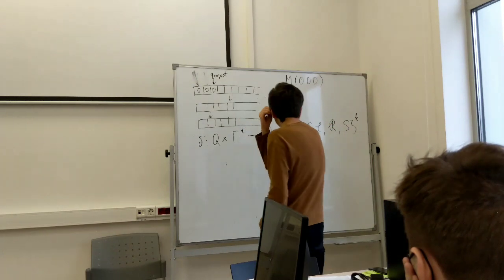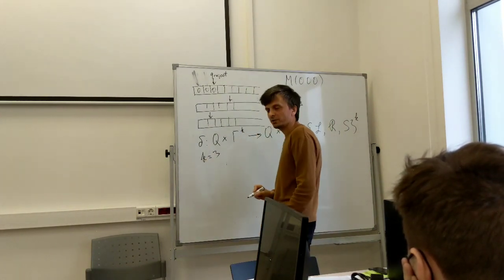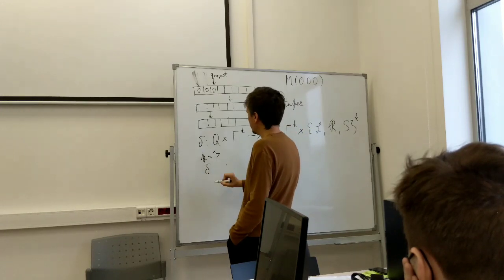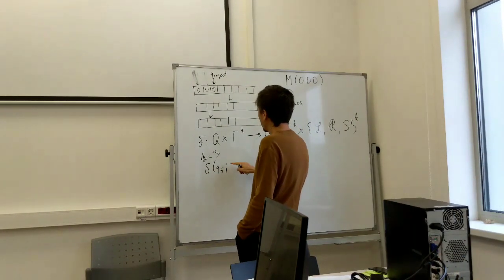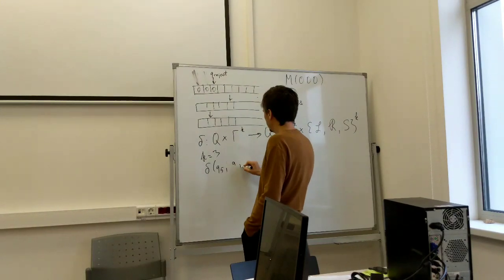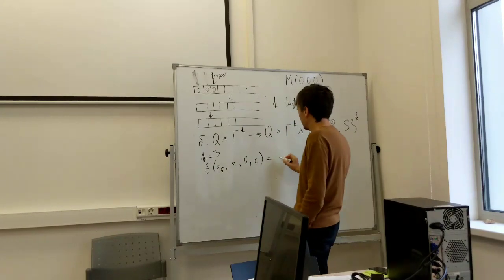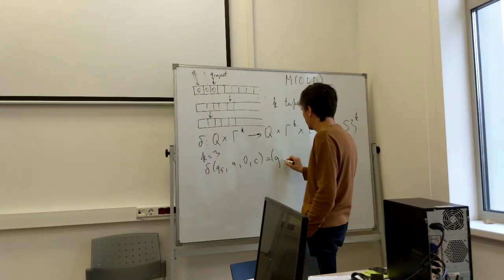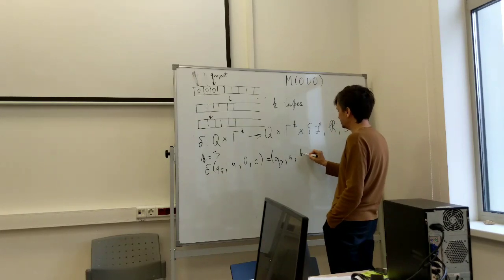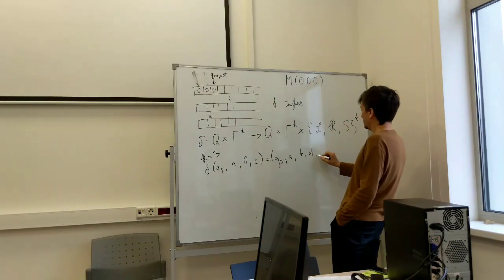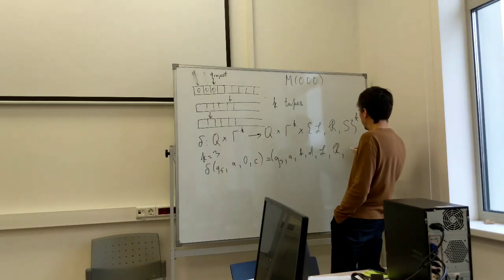So for example, if k equals 3, then we could have something like delta of q5, a, 0, c equals q3, a, b, d, l, r, s.